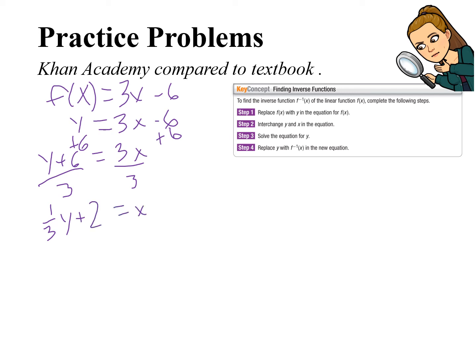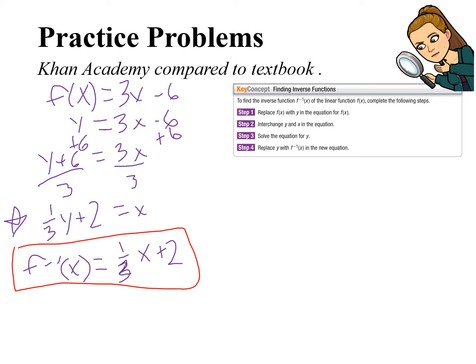Now I know that my input and output have been switched around. So this idea here, I'm going to now turn into my inverse of x is going to give me that idea of 1/3 times x plus 2. So they wait to the last step there to switch those two around.